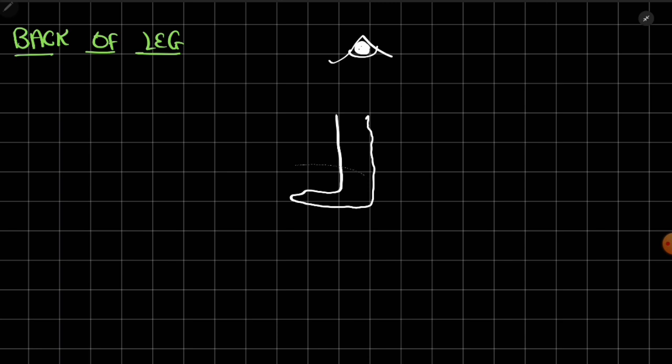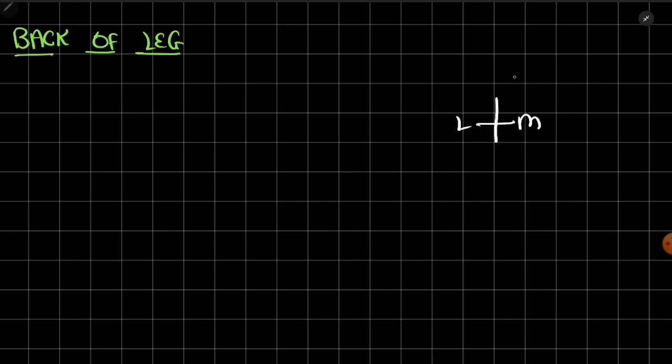We are seeing the left leg. So this will be the medial, lateral, superior, inferior. So we will see a cut section of the tibia, also the cut section of the fibula will be seen.